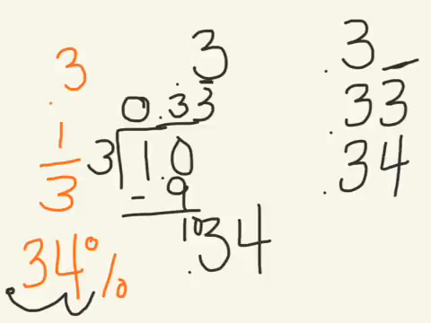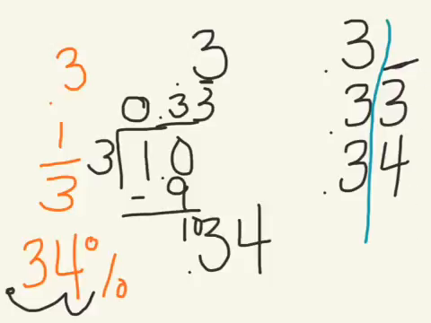Now if I wanted this ordered from least to greatest or greatest to least, it would be important to line up my decimal points like this so I can see the first part. We see all of these in the tenths place value are 3s. After we see all of these are 3s, then we have to look in the hundredths place value.